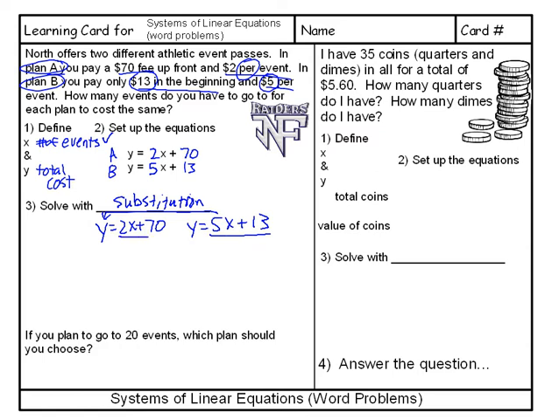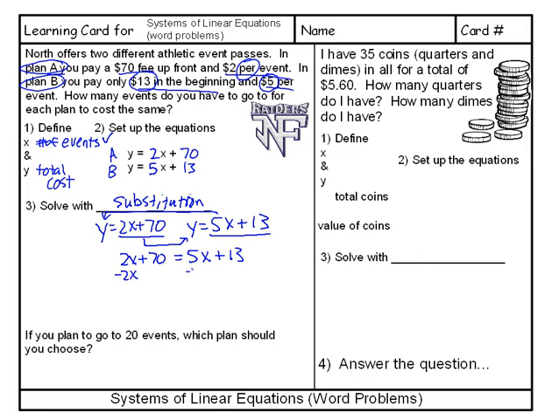Or you could take the 2x plus 70 and put it in place of the other y. Either way, I'm going to get rid of that y variable, which is causing difficulty because I can't solve for one of the variables when I have two variables in there. I can't get down to a number. So I basically set the two equations equal to each other, eliminated the y variable, and now I'm going to start solving it.